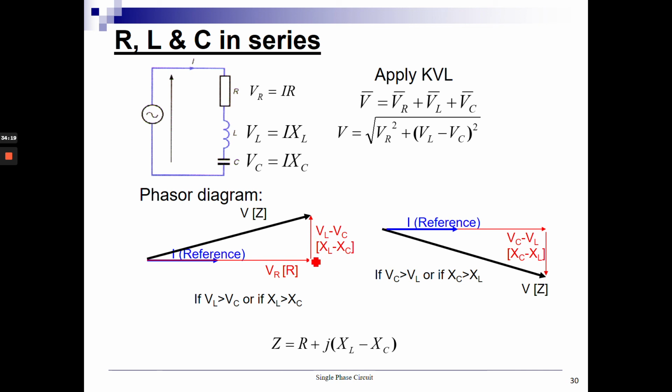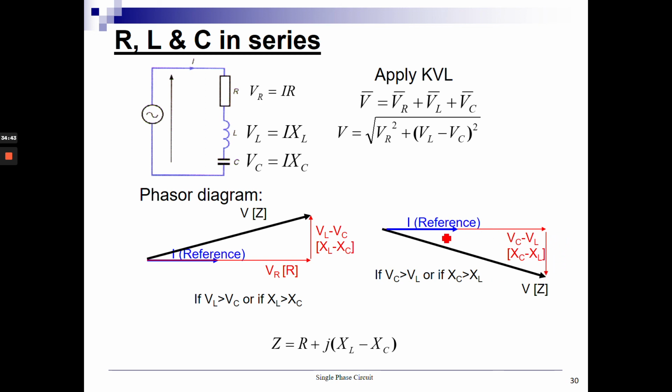So this is VL minus VC, or XL minus XC. So this is your V, or if you use XL minus XC, so this is your Z.